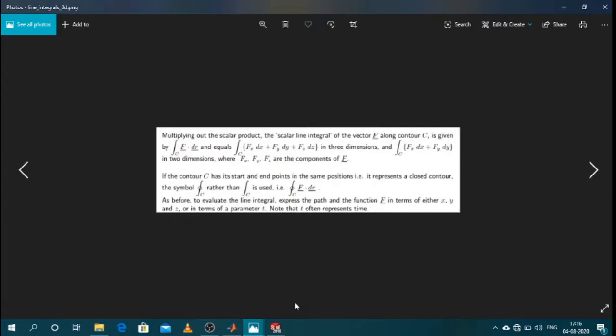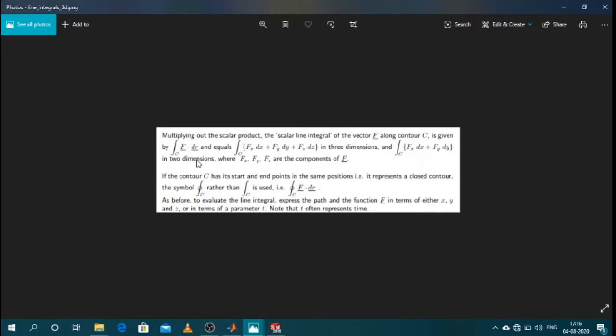In line integrals we also have a different format for 3D, which is given by F dot dr bar. A typical example of this is work done, where work done is equal to the line integral of F bar dot ds bar, where F bar is your force field with components Fx, Fy, Fz, and similarly dx, dy, dz are the respective components of ds bar.